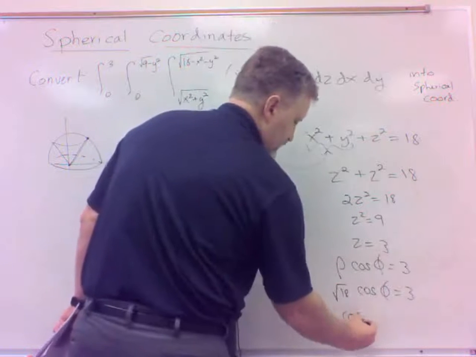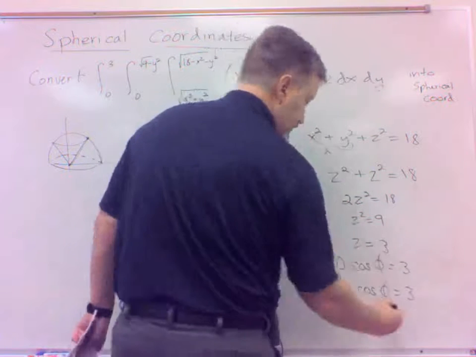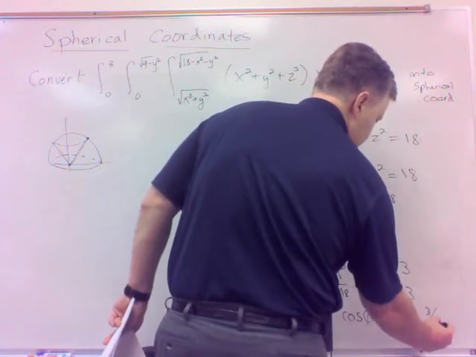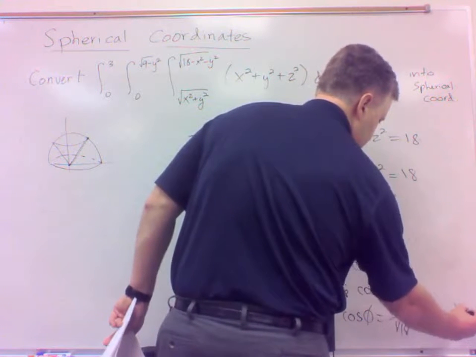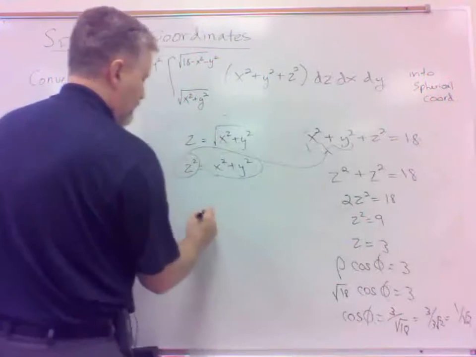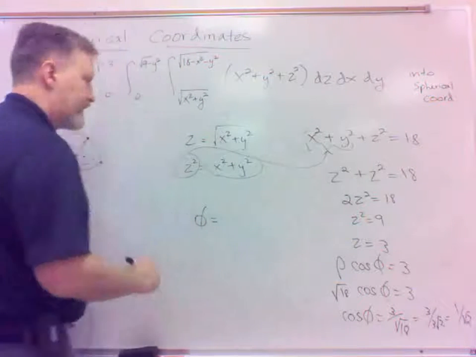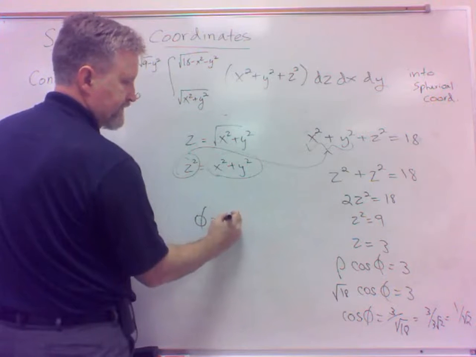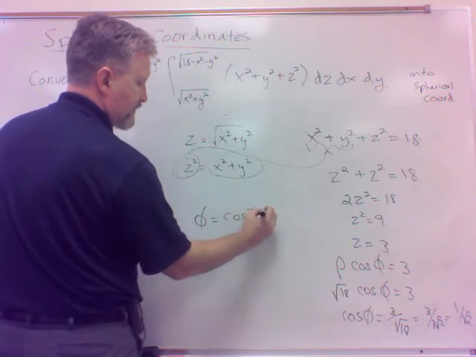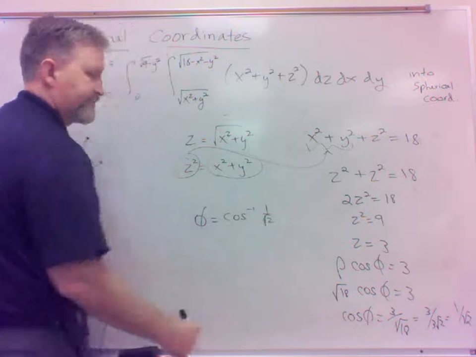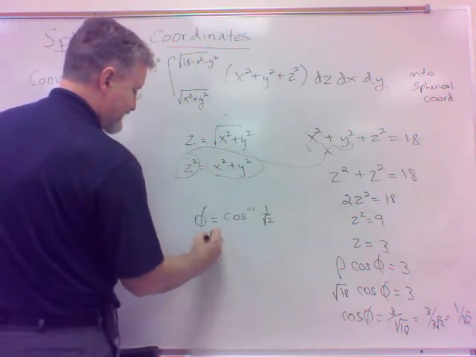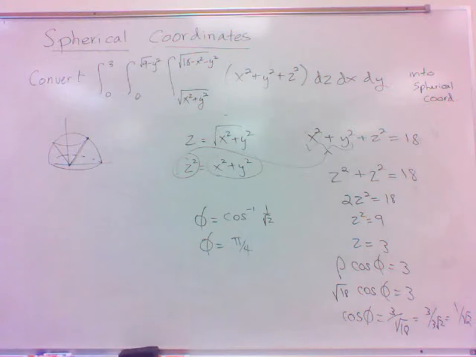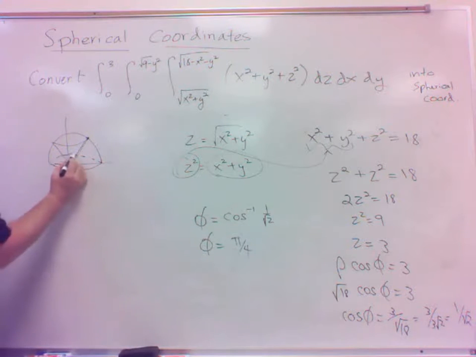Then the cosine of phi would have to be equal to 3 divided by the square root of 18, which is 3 divided by 3 square root of 2. So that's 1 over the square root of 2. And so phi, where they intersect, would be the inverse cosine of 1 over square root of 2, which is square root of 2 over 2, which is pi over 4. And so phi is going to range from 0 to pi over 4.